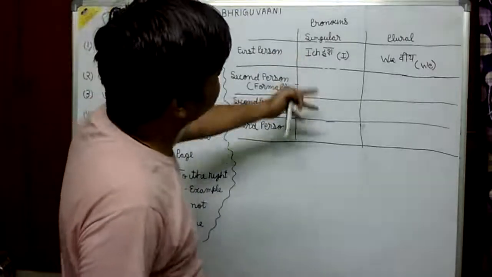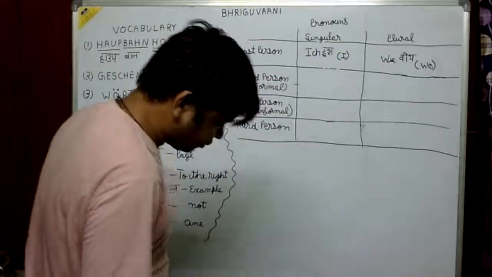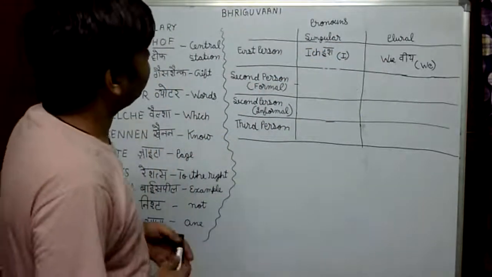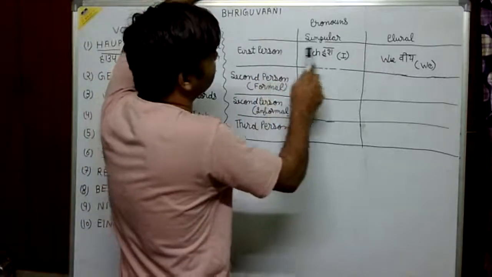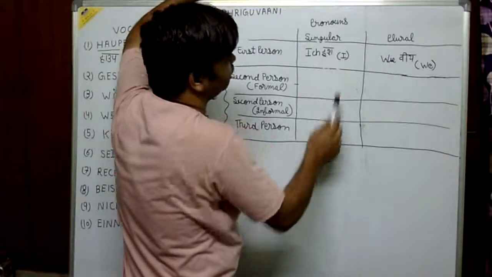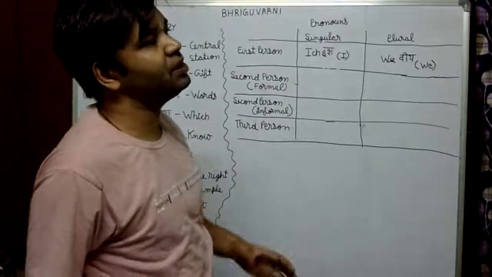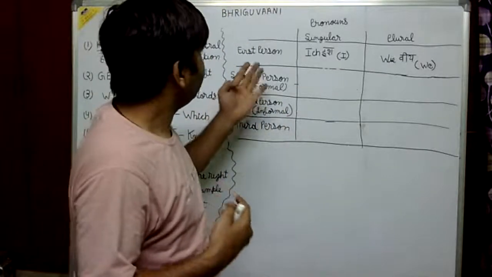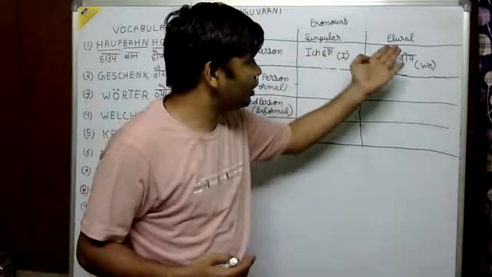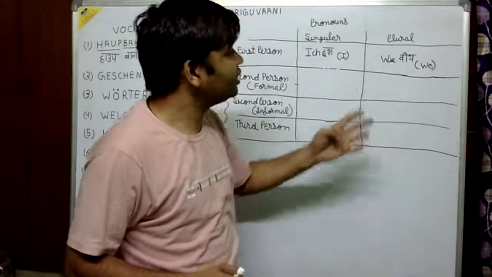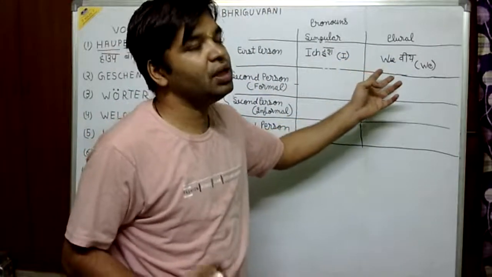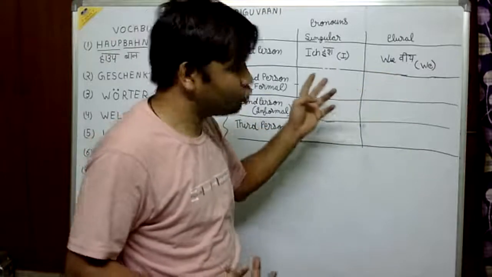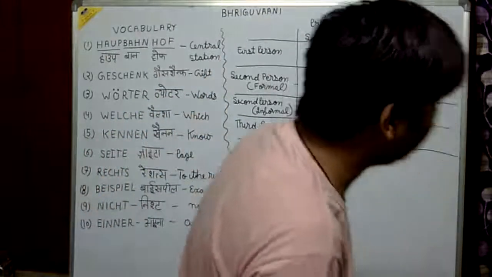And we have two columns, singular and plural. Whenever we say first person singular, we say ich, which means I, man. And first person plural, we say we, and that is wir in German. So ich and wir.